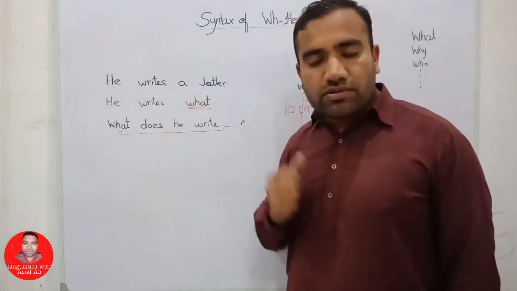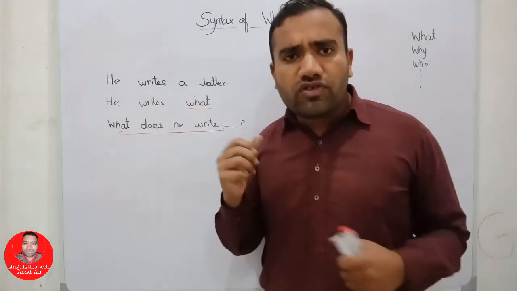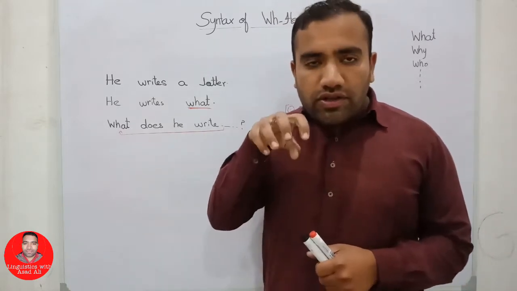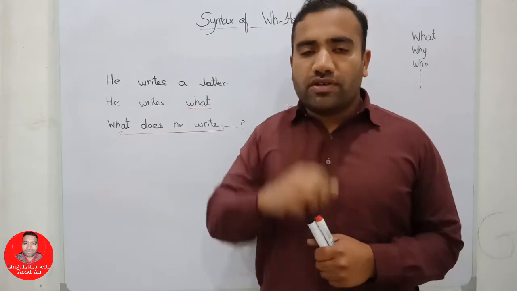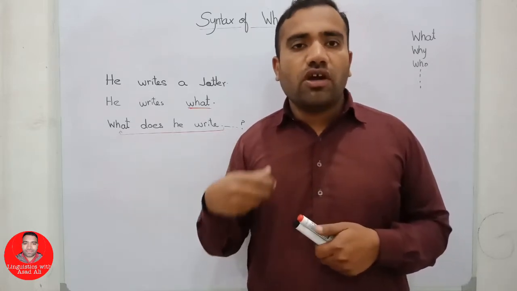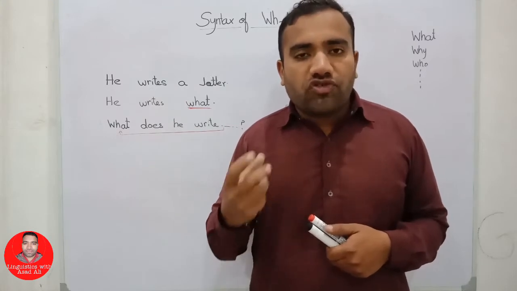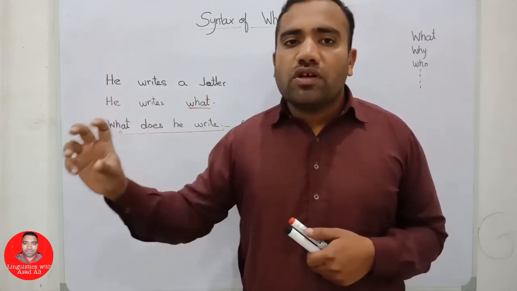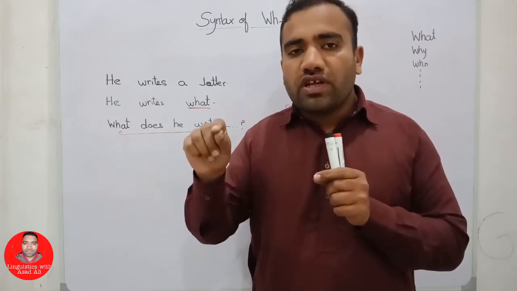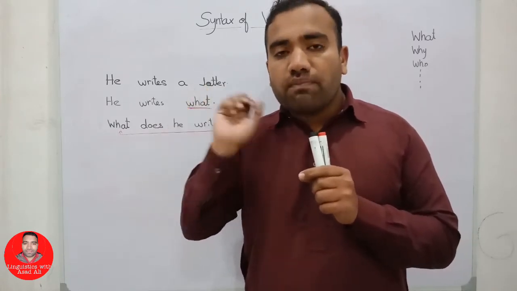he reads what. And when we say, what are you doing? You are asking the question, what are you doing? And if he or she answers that he is doing some specific task, the placement of that task is the placement of the complement.